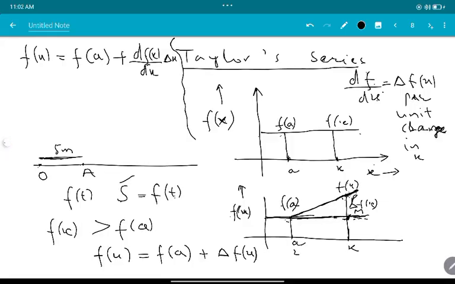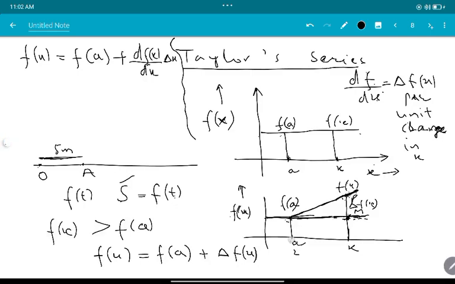You can easily understand this. Now this is simply the change in function per unit change in x, but the total change in x is not a unit change from this point to this point. The change in x is x minus a.